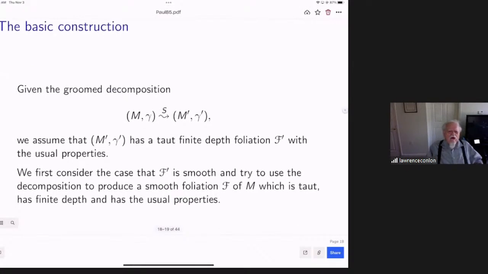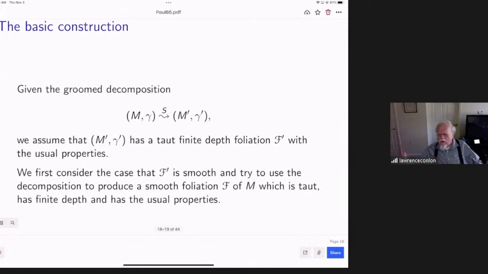Now, the foliations are constructed by a kind of reverse induction using the hierarchy that Rachel told us about. But the inductive step is what I want to describe now. So suppose you have a groomed decomposition, M gamma to M prime gamma prime, and assume that M prime gamma prime has the kind of taut finite depth foliation that we want.